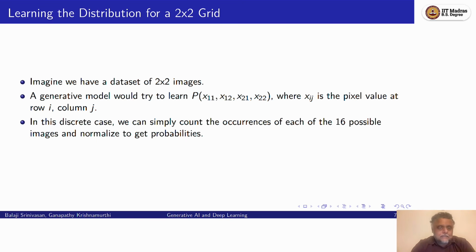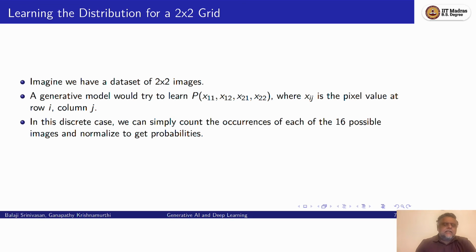Now for this case, there's a reason why we did this. It's a very simple case where we can simply count the occurrences of each of the 16 possible images and normalize them. You can collect all occurrences of these 2x2 images where the pixel values are 0 and 1, and count the occurrences of each type.